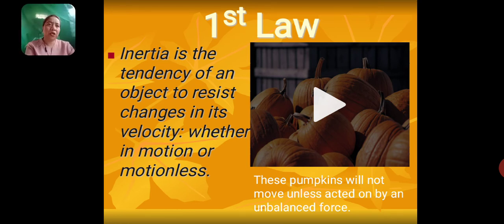So try to look at the picture. There are pumpkins. These pumpkins will not move unless acted on by an unbalanced force. If the pumpkins stay in their original position, they will not be affected by other things.